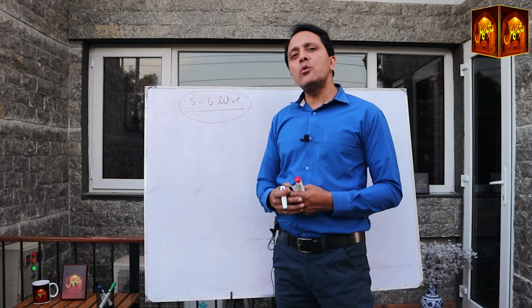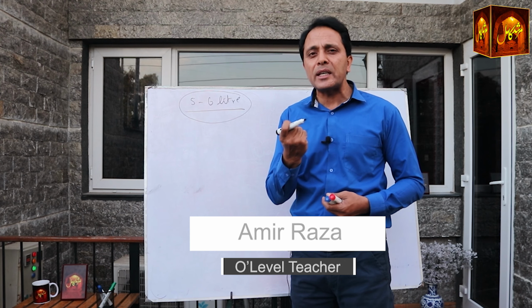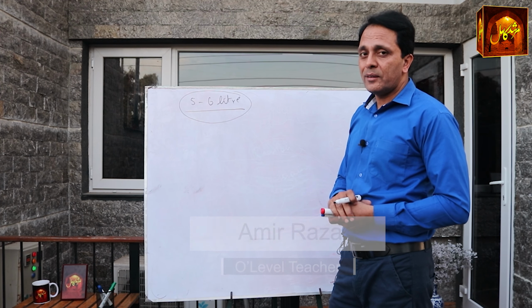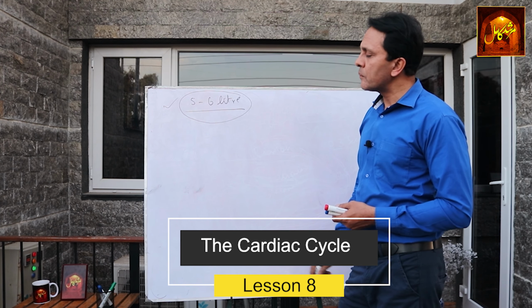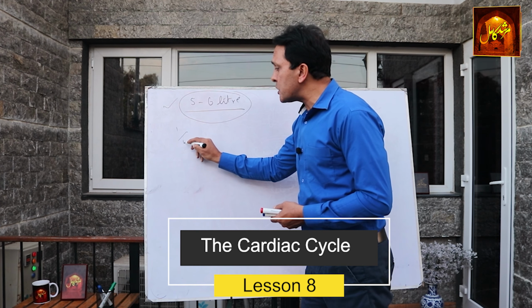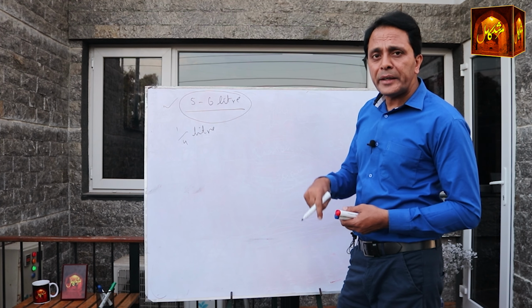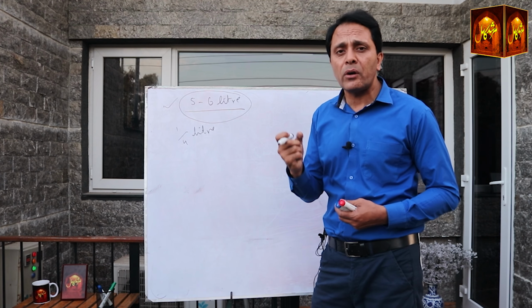What will be the amount of blood that will pass through the heart during one single beat of the heart? So keep in your mind, not the whole blood. Almost a quarter liter of blood will pass through your heart in a single beat of your heart.